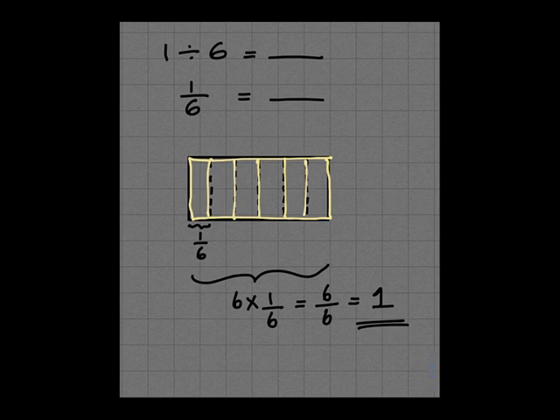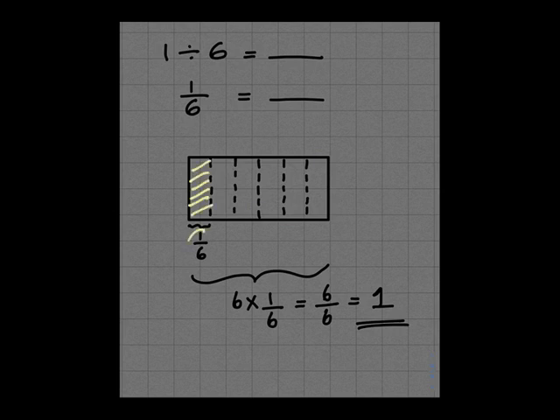So 1, 2, 3, 4, 5, 6 units. So this is a drawing for 1 by 6. If you see here, the value of each unit is 1 by 6. This unit is also 1 by 6. So every unit is 1 by 6.